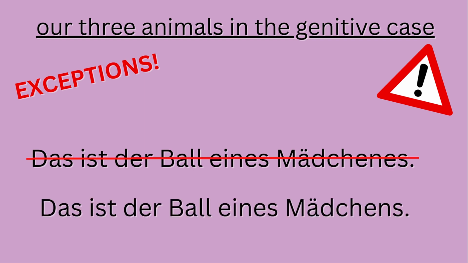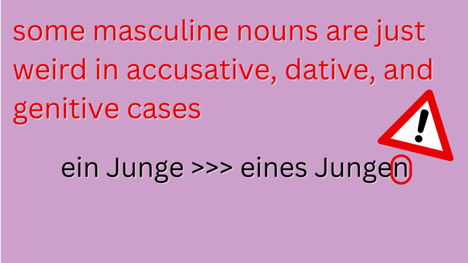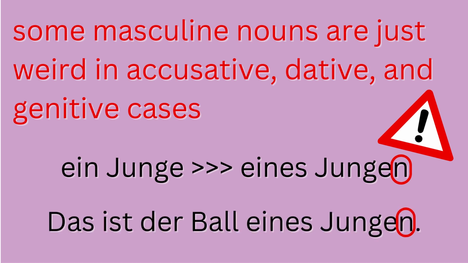In German, I would just say, das ist der Ball eines Mädchens. The other exception to the rule applies to some masculine nouns. For instance, the word for boy, Junge, in the genitive case changes to Jungen. Das ist der Ball eines Jungen.